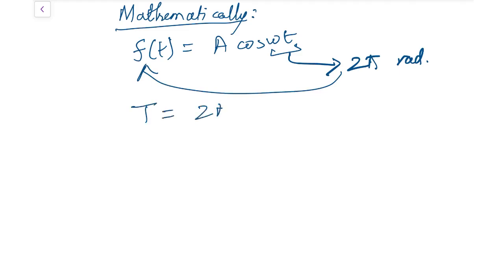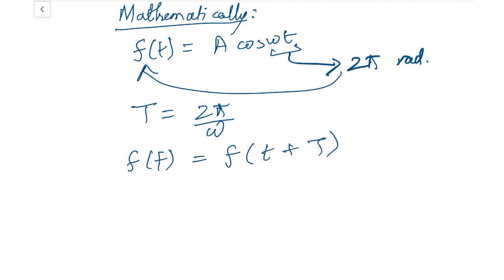T is given by 2 pi over omega. Thus, we observe that this function f(t) is periodic with time period T. Let us name this equation 1. The same result is true if we were to take a sine function instead of a cosine function.